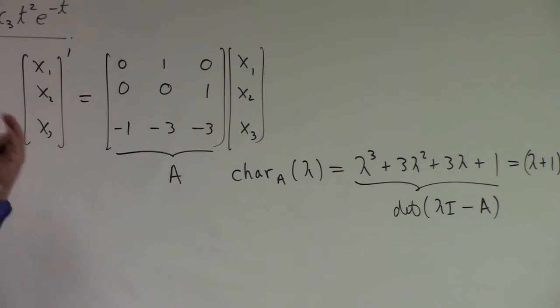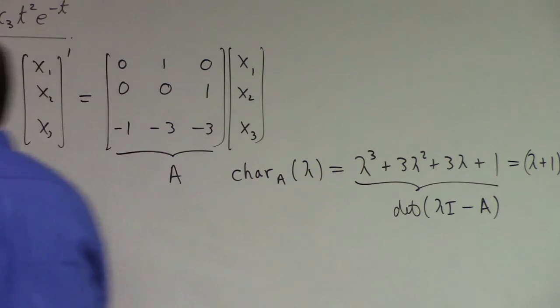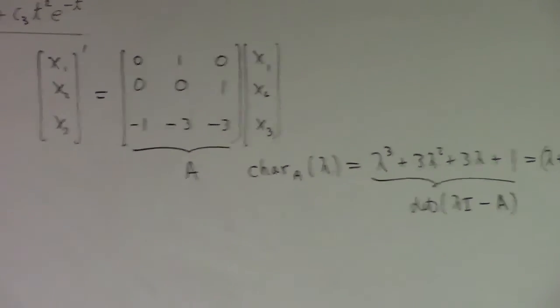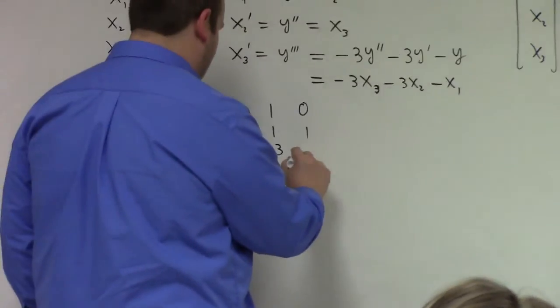All right, so let's find the eigenvectors. Let's see here. A plus I is what? 1, 1, 0, 0, 1, 1, minus 1, minus 3, minus 2. I might actually have to calculate something.